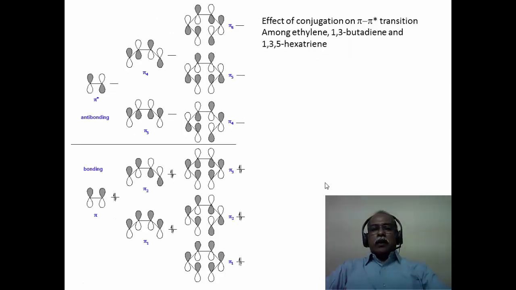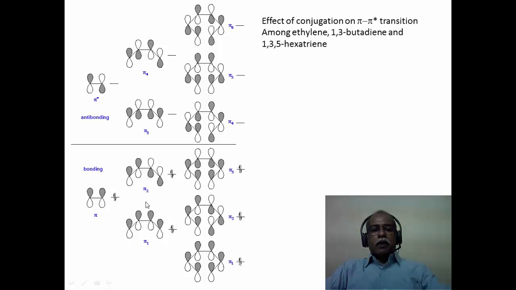In addition to solvent effect, conjugation has a very high effect on the transition of the pi to pi star level. Now here is the molecular orbital picture for ethylene, butadiene and hexatriene. You can go on in the homologous series. What is important is that this is the pi molecular orbital of ethylene and this is a pi star molecular orbital of ethylene.